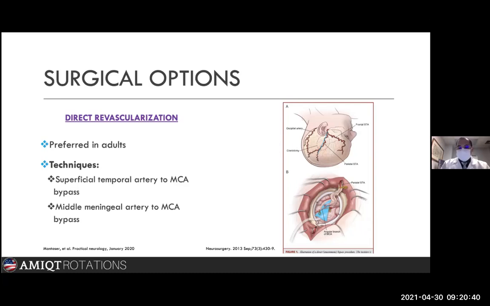This approach is preferred in adult patients rather than in children, because children have more fragile vessels, so there's a higher risk of complications. Here on the right, you can see an example of a bypass between the parietal superficial temporal artery and the angular branch of the middle cerebral artery.